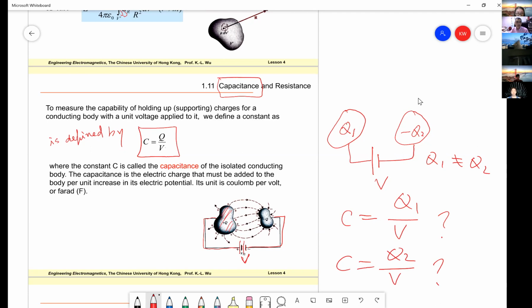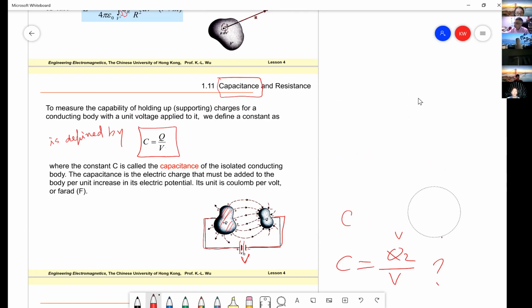I leave this question to you. And another question. If I have a three-conductor system, how do I define capacitance between them?